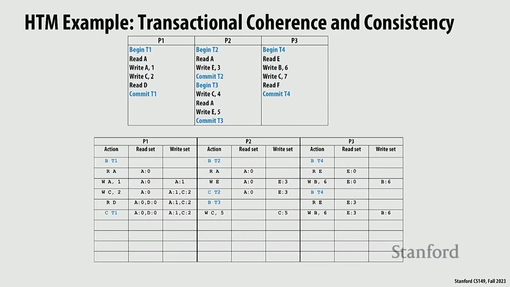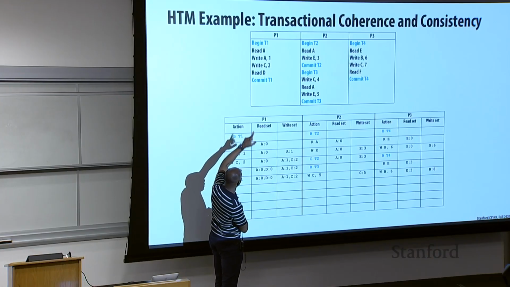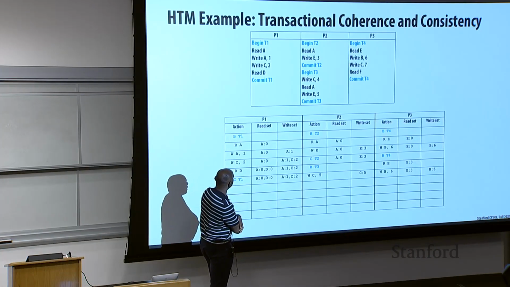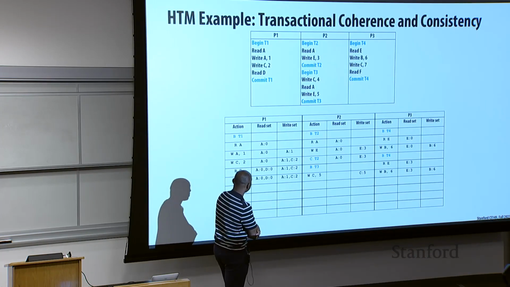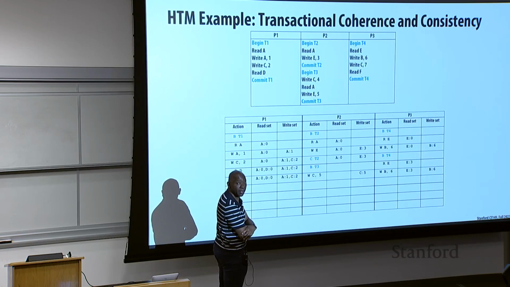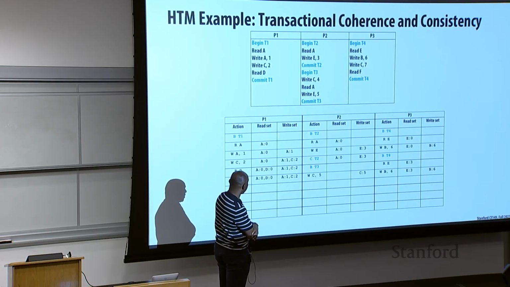Okay, so what do we do in order to validate the... Sorry, processor 1. C, yeah, this commit. C is the commit. So yeah, transaction 1 commits on processor 1. What do we need to do? Yeah? Nothing in its read set is in someone else's write set.